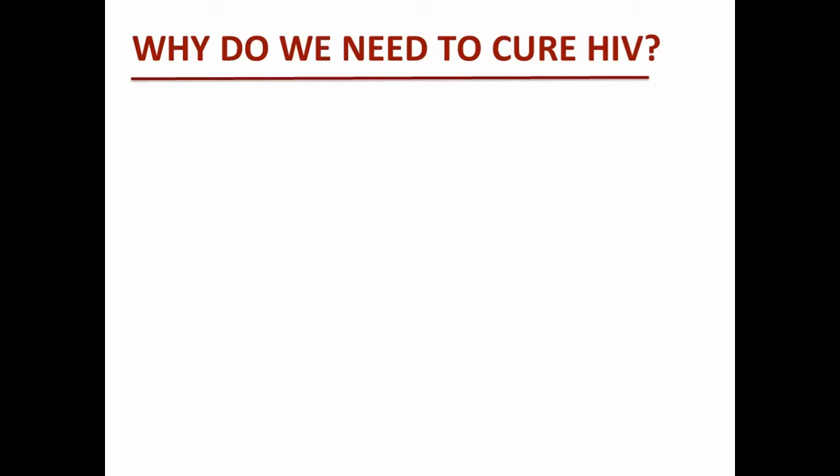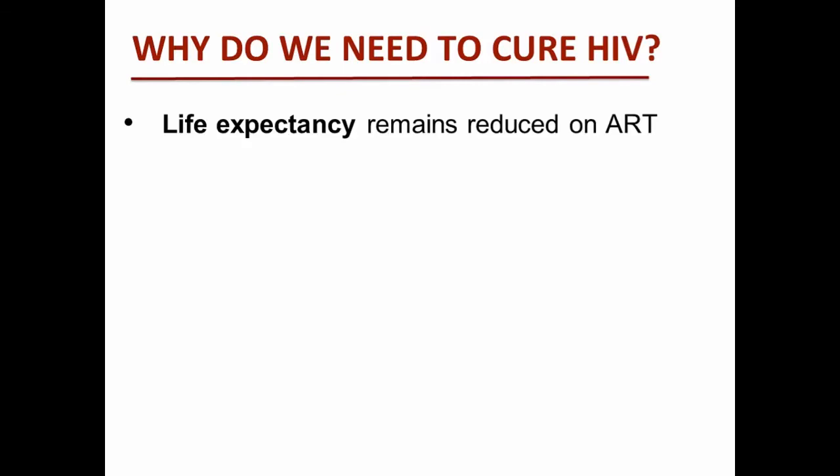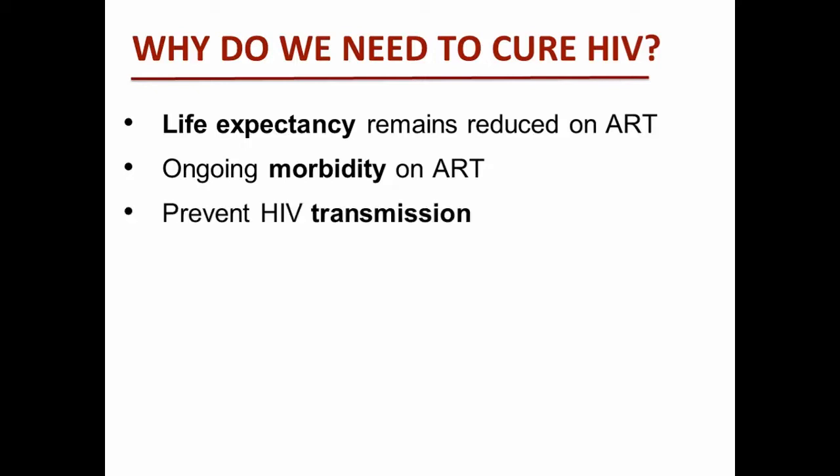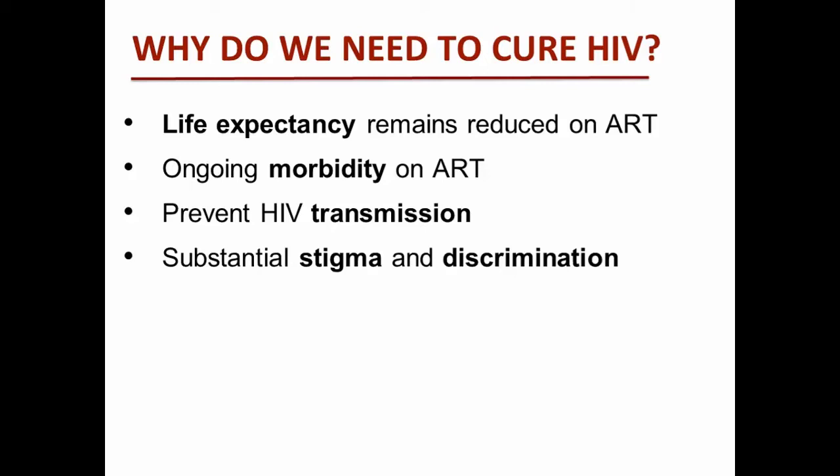But the question is, of course, why do we need to cure HIV? Well, first, because life expectancy is reduced by the infection, but antiviral therapy can keep life expectancy quite high. I mentioned to you that there are a couple of years less than HIV negative people. Morbidity is a problem with ART because the therapy can reduce the morbidity and can prevent, of course, the transmission of the virus.